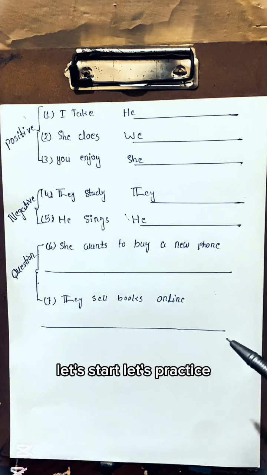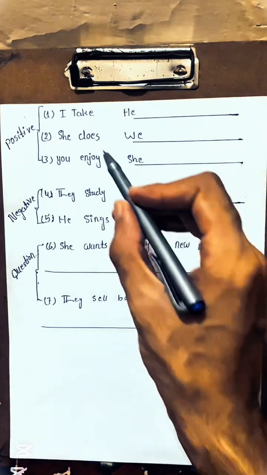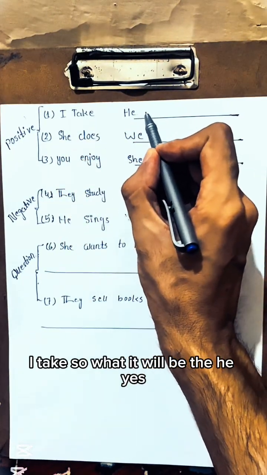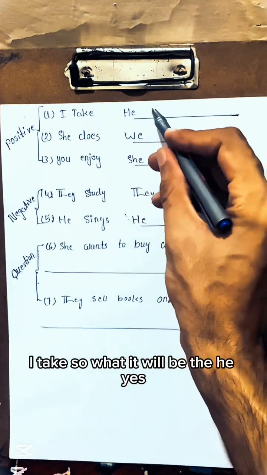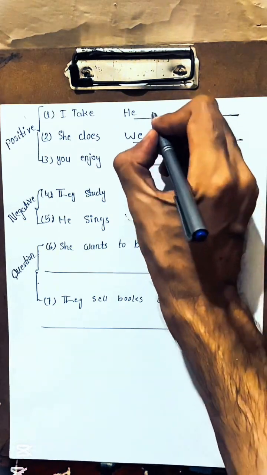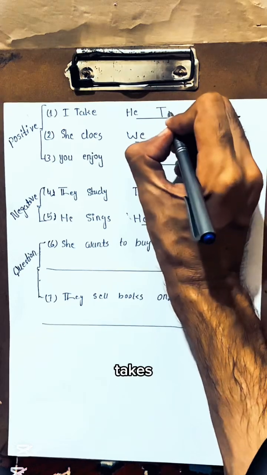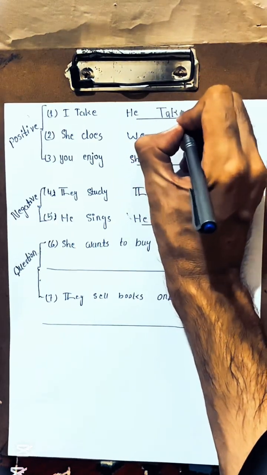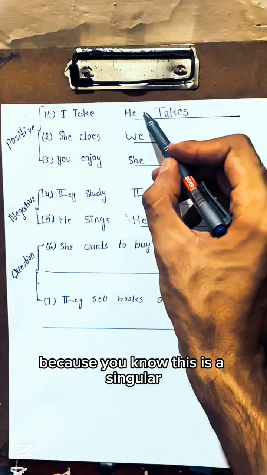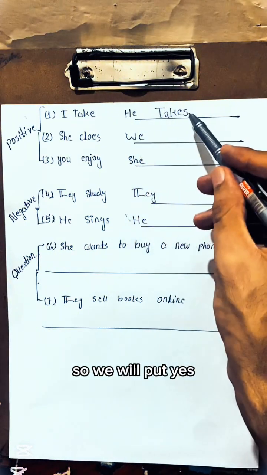Let's practice. For example, I take. So what will be the he? Yes. Tell me. He takes, because you know this is singular, so we will put es: he takes.